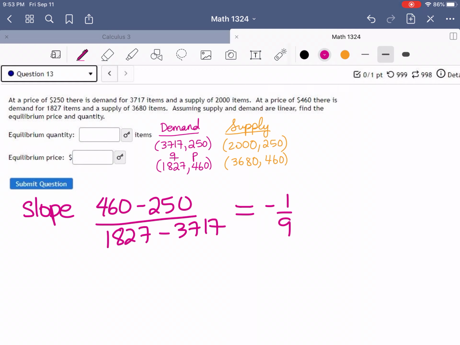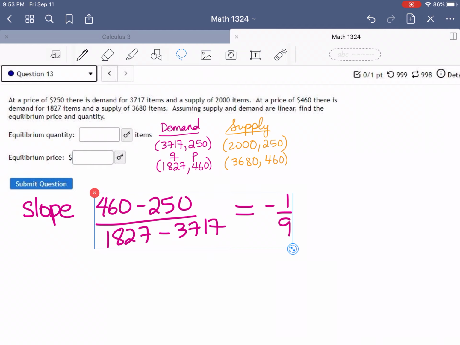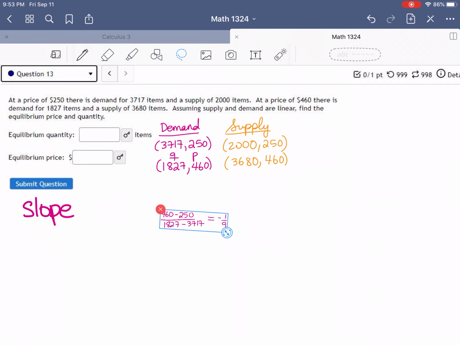And so this is the slope of the demand. Let me shrink this down. And we're going to use that to figure out the line.